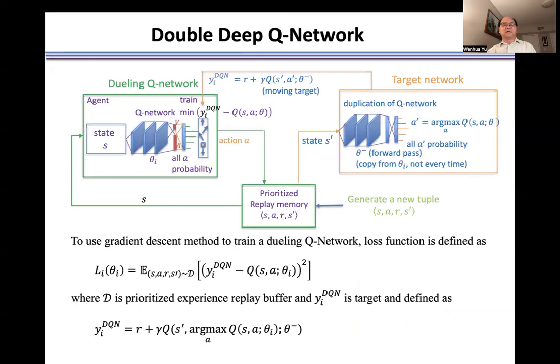Let's get a complete idea. Here, this is the double deep Q network, which includes two networks. One is a Q network, another is the target network.